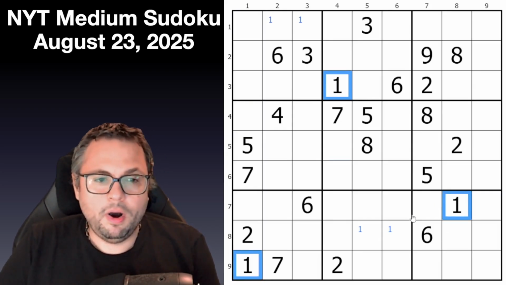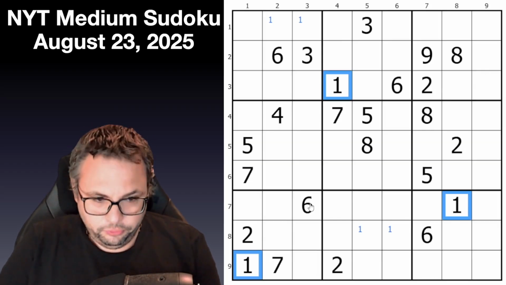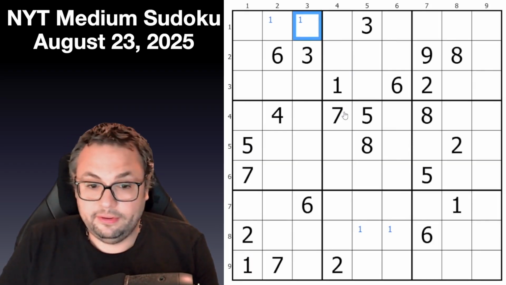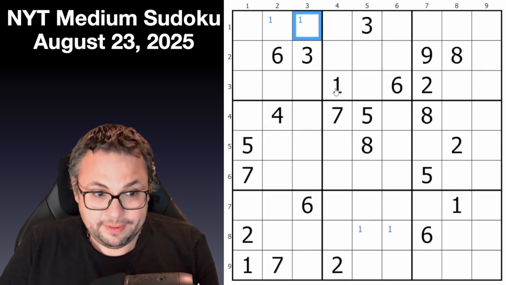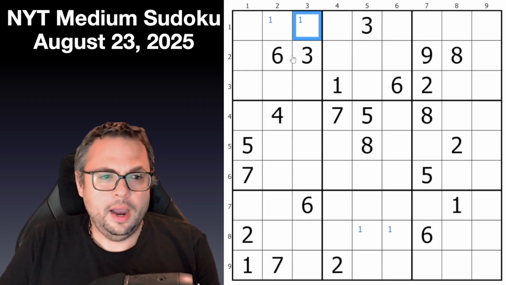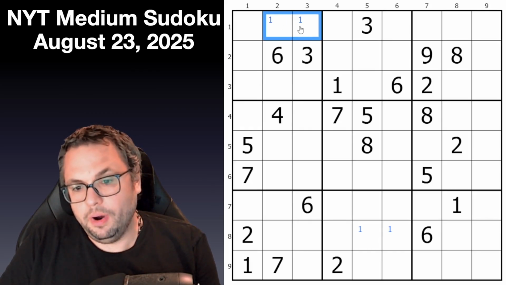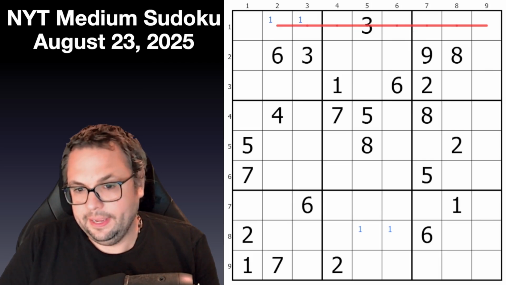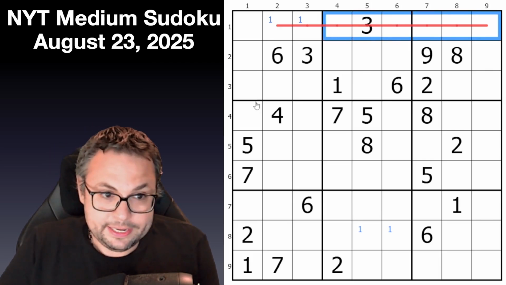And so now, why is that useful to note? Here's why that's useful to note. I don't know if this is a 1 or that's a 1, so in that sense, it wasn't very useful. But I do know that one of these two is a 1, and whichever of these two is a 1, it looks over, when I say looks over, I mean horizontally, it looks over and sees all of these cells that I've just marked in red.